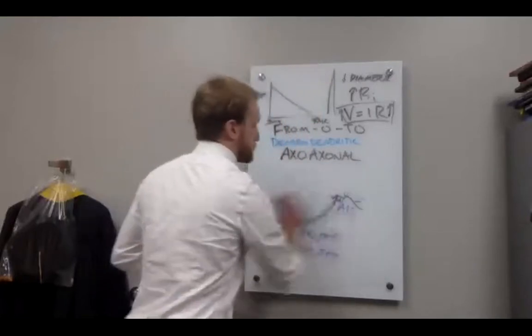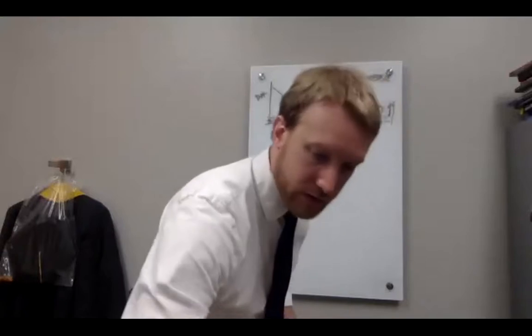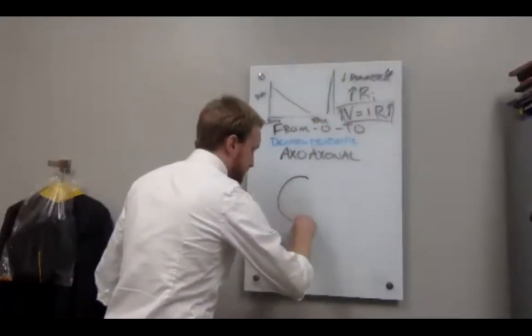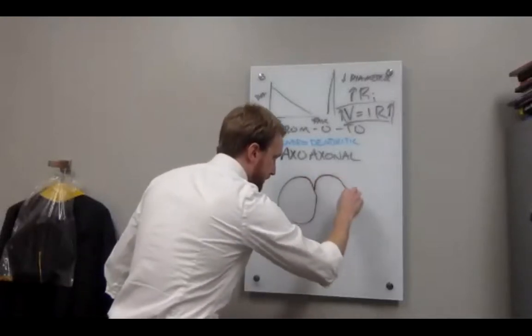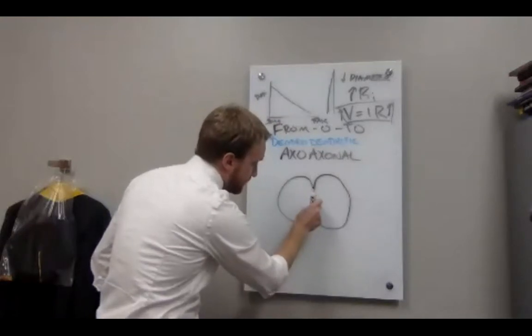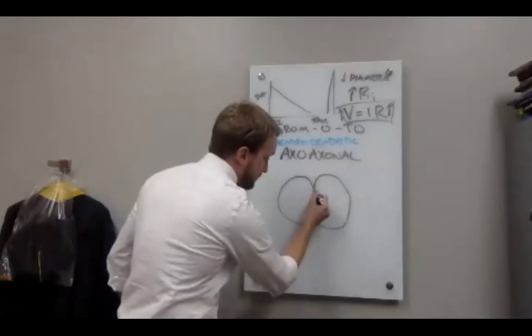So let's just imagine some electrical synapses here. So we'll have two cells, and they're going to kind of butt up next to each other like that, and they'll form electrical synapses. And those are actually just holes in the membrane. Now, of course, there's proteins lining them.